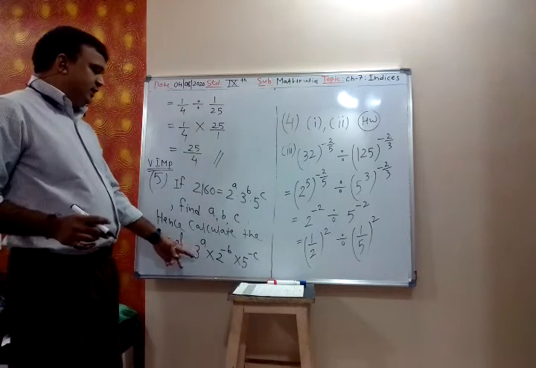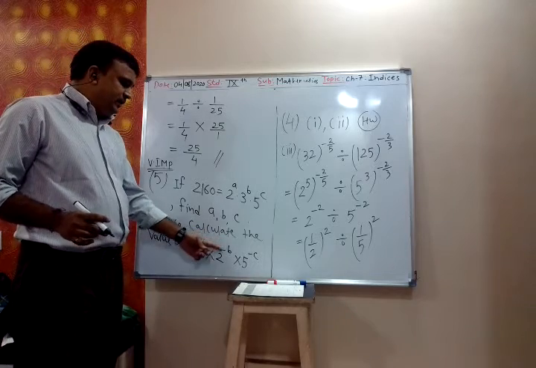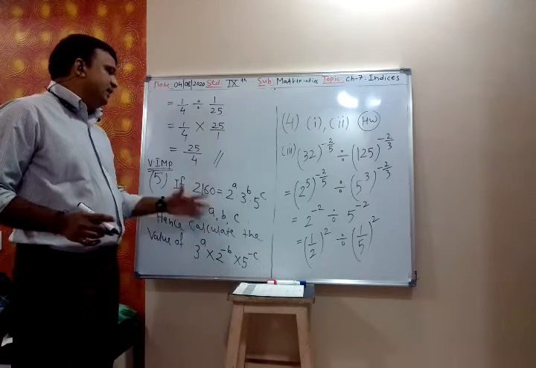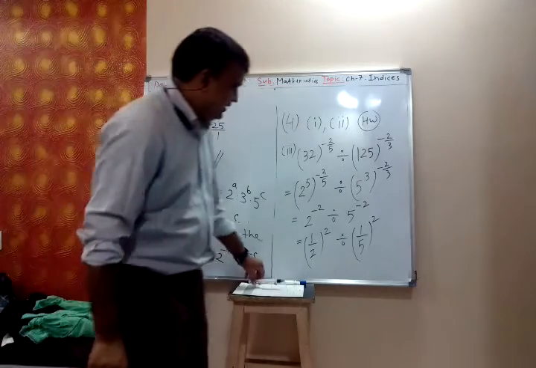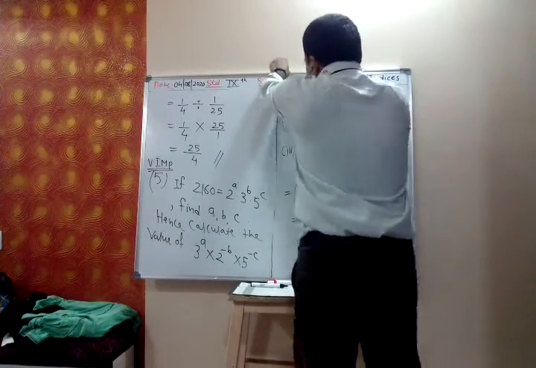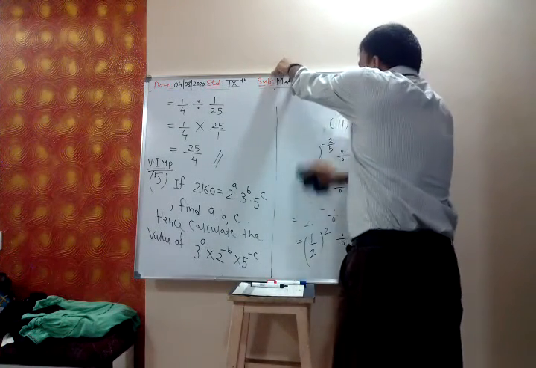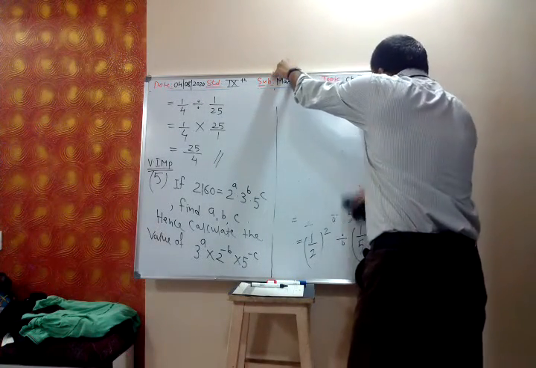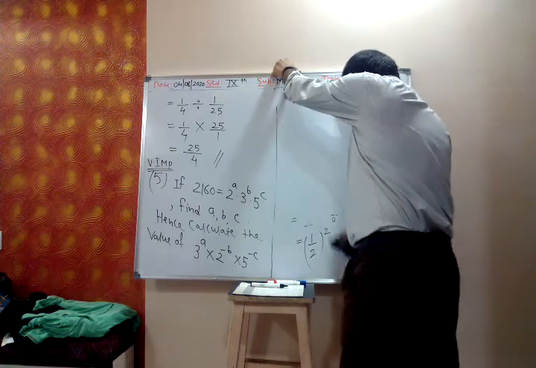Calculate the value of this after finding a, b, c. So this fifth question is important for 4 marks. 3 to 4 marks. This type of question is important for the board exam.